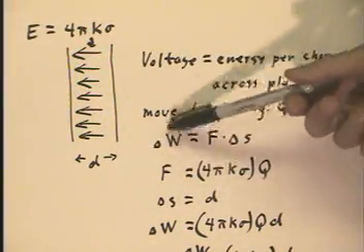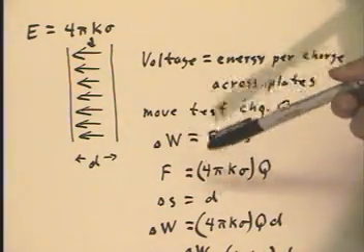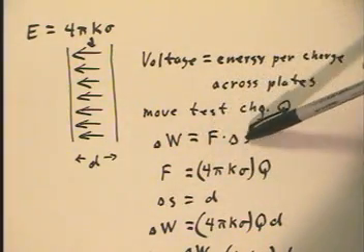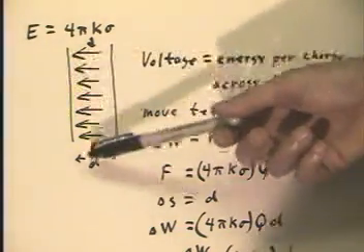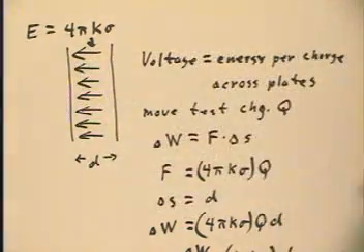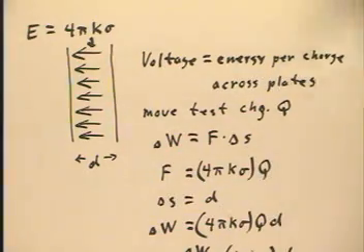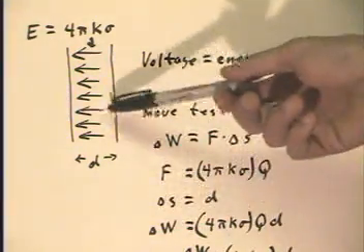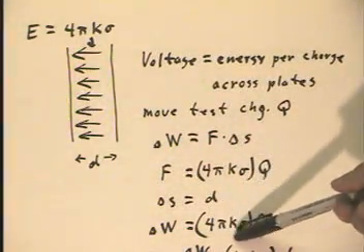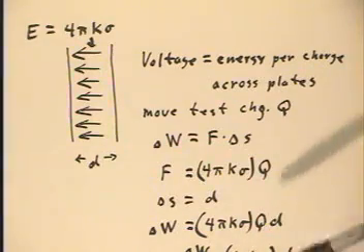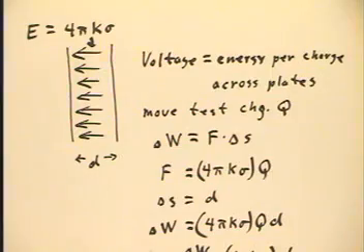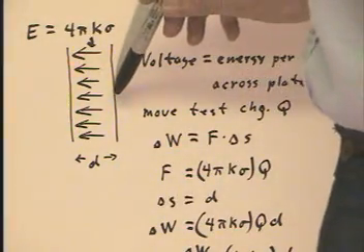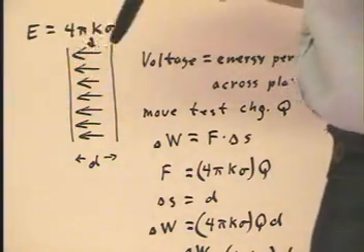Okay, the delta W, the work done, is just going to be force times delta S. The delta S is the distance from one plate to the other. We call that D here. So delta S is D. So the work done in moving from one plate to the other is 4 pi k sigma times QD. Now that would be the work done on a positive charge by the field if we had it here and let it move here.